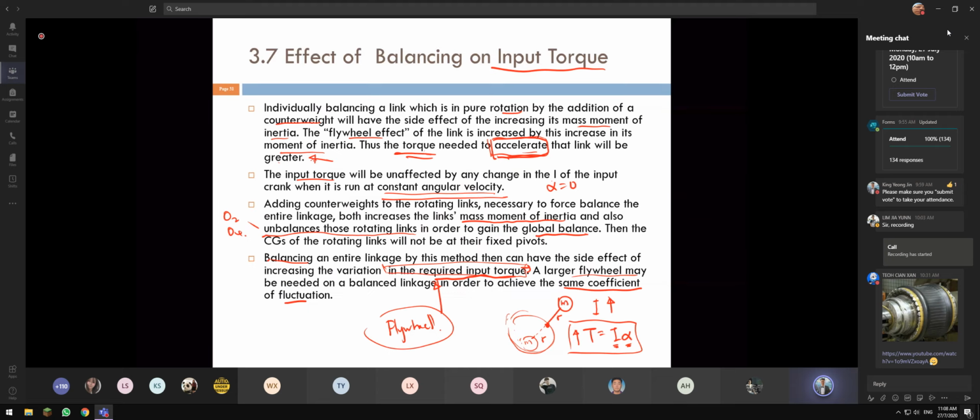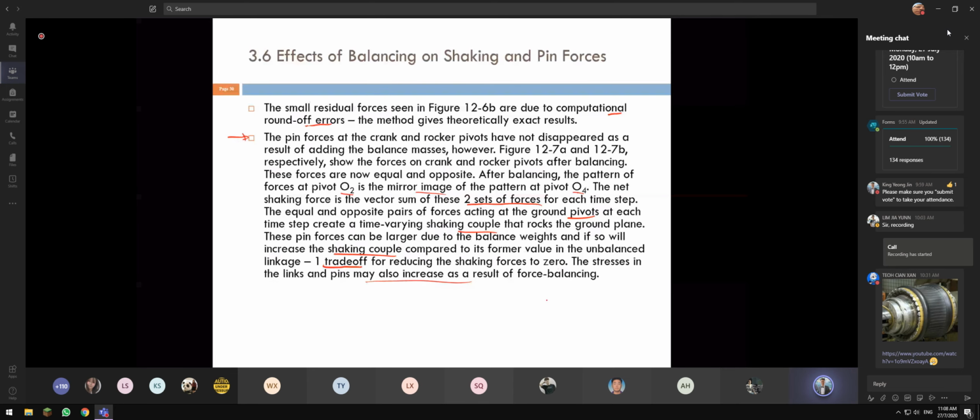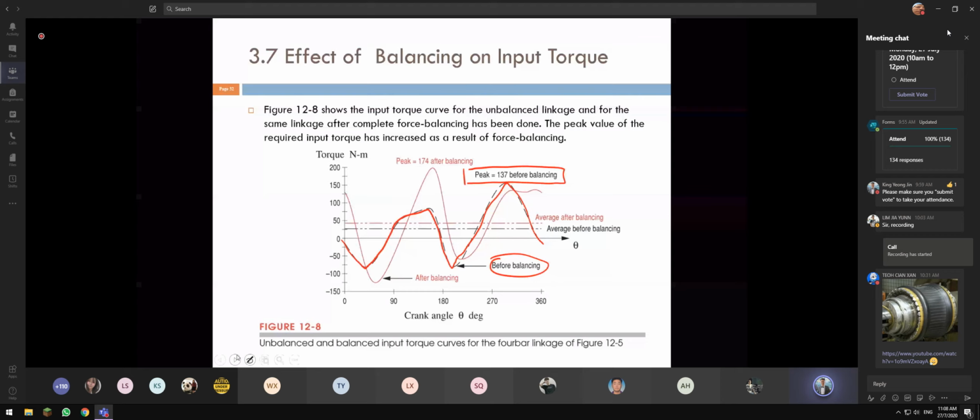After we put in the balancing mass, the torque curve for one cycle becomes like that, and the maximum peak is 174 Newton meters. Actually, you can even see that the minimum is much lower than the initial one.